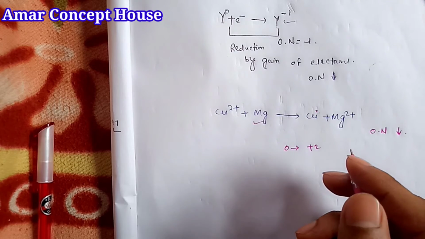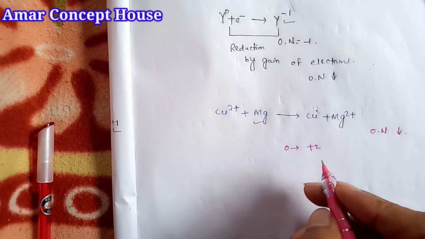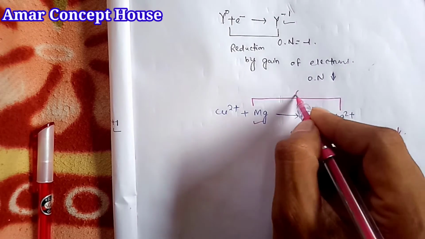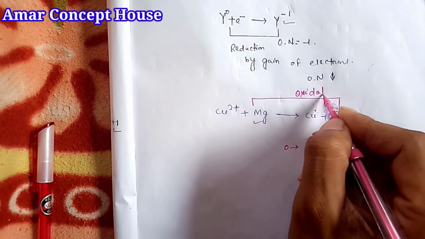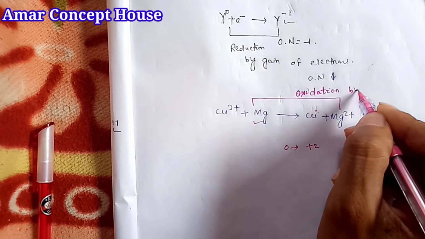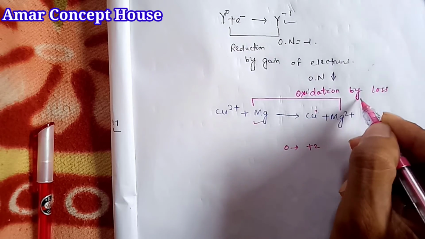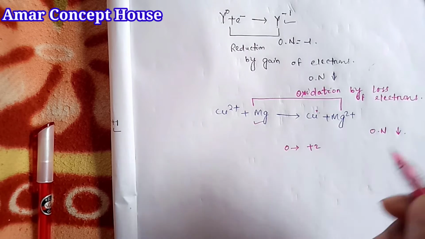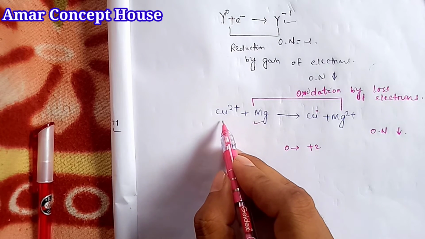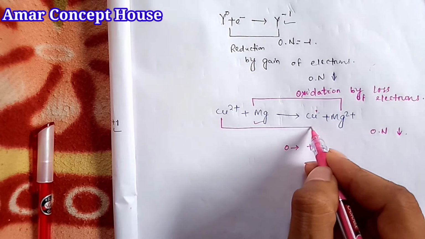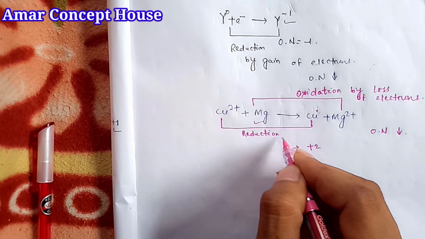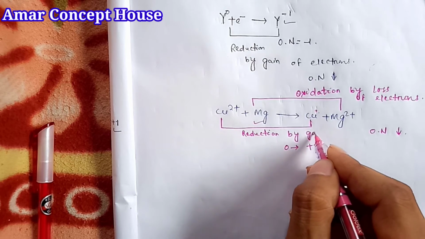So here oxidation is happening, oxidation by loss of electrons. And here reduction occurs, reduction by gain of electrons.